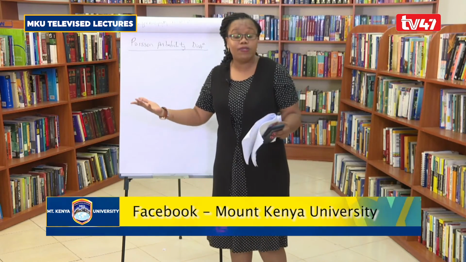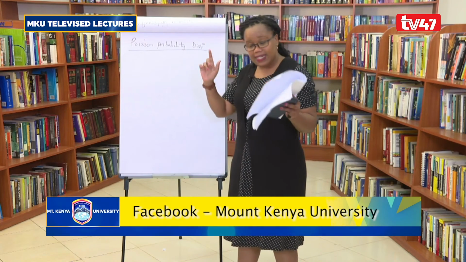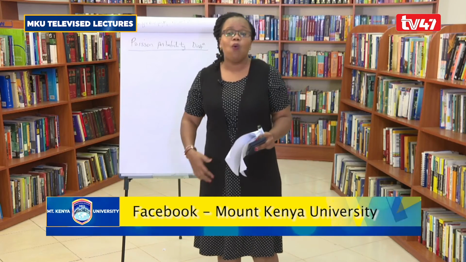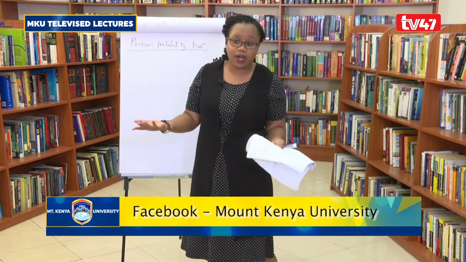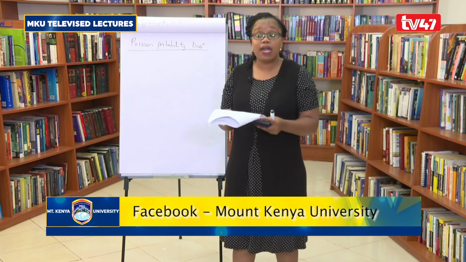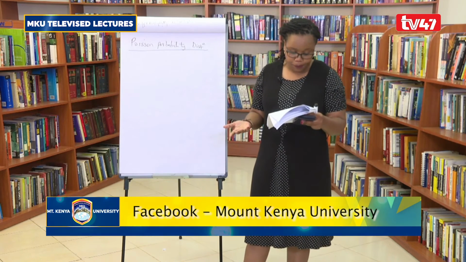Now, Poisson distribution ideally can be related to binomial in that once that event occurs, then it's a success. If it doesn't occur, then it is a failure. So we can relate the two. But we'll see how the relation helps us mathematically.